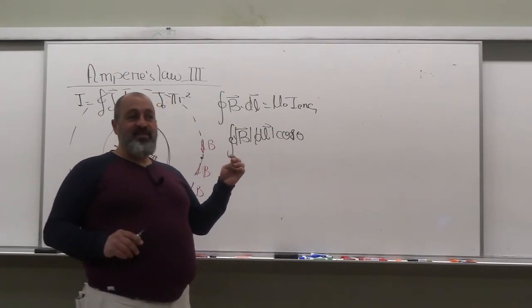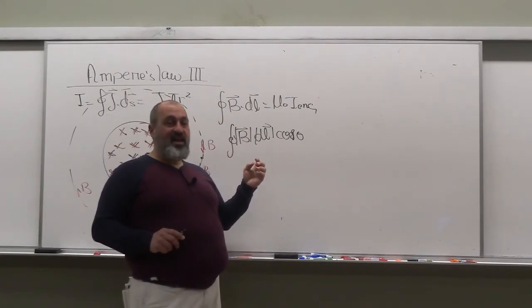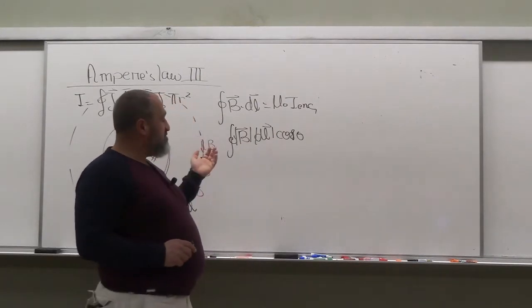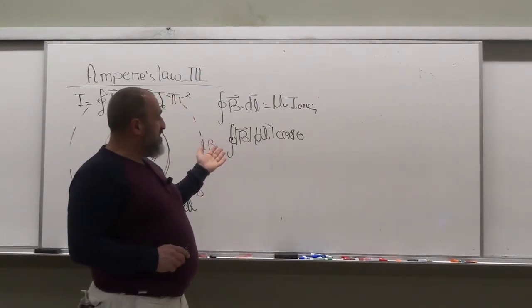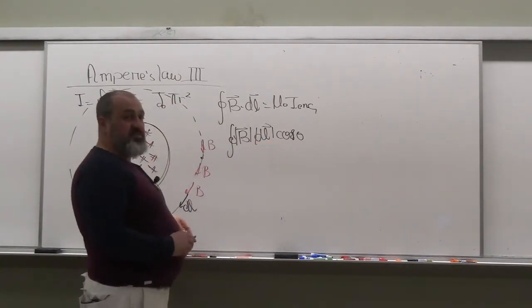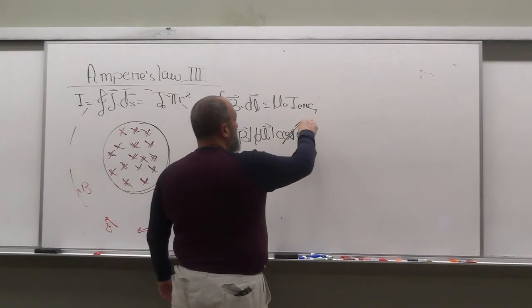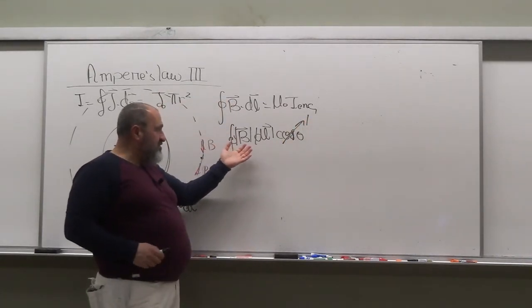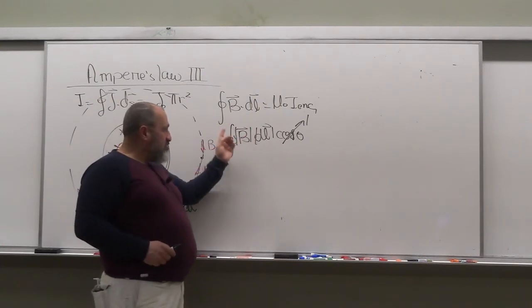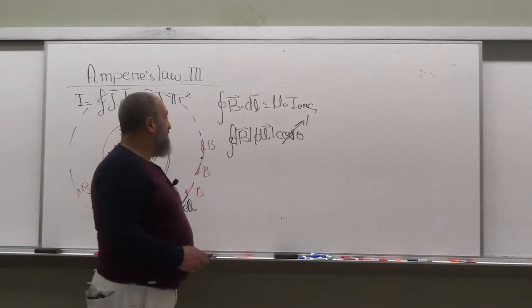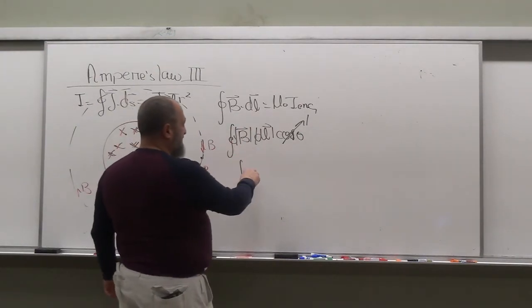So the integral of B dot dL is B dL cos theta, and the angle is always 0 because of this. It's always good to lay this out, write the full magnitude, the magnitude bars, and the proper dot product, the scalar product. I know it's boring. Now we can get lazy if you want.